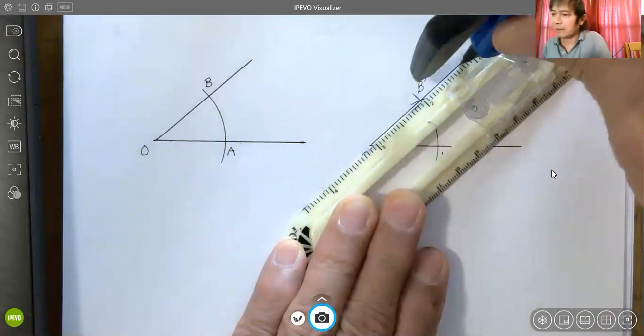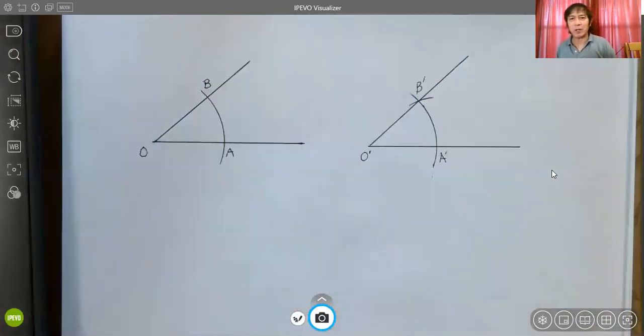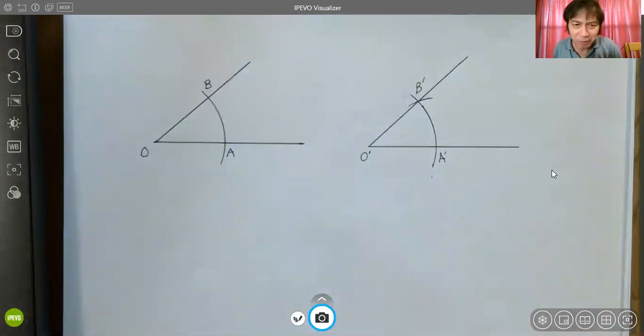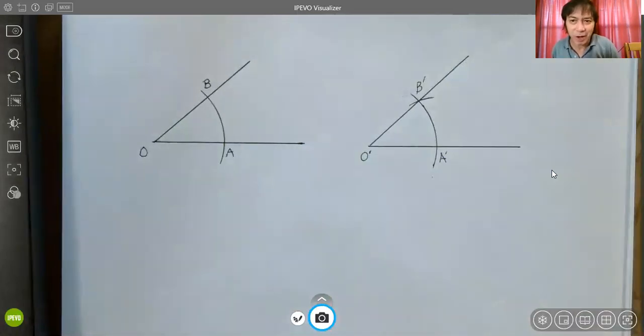There. And that is the angle constructed, and you will notice our angles are identical. Okay, and you can make use of a protractor to measure these two, and they will have to be very, very close in measurement. All right, so this is how to duplicate an angle.